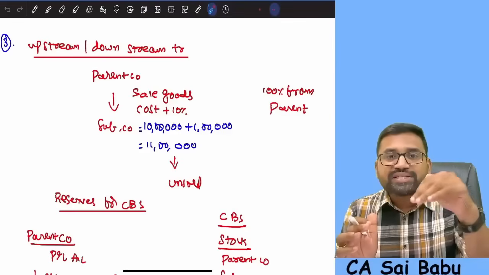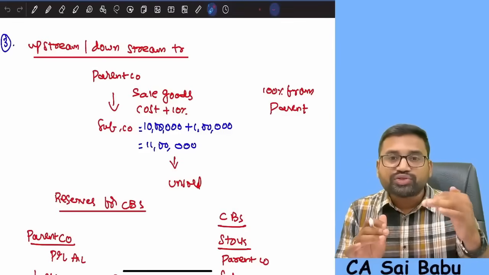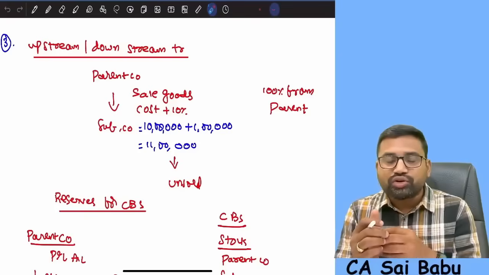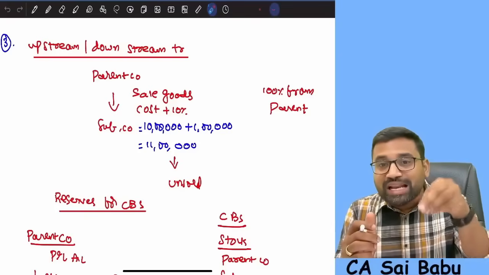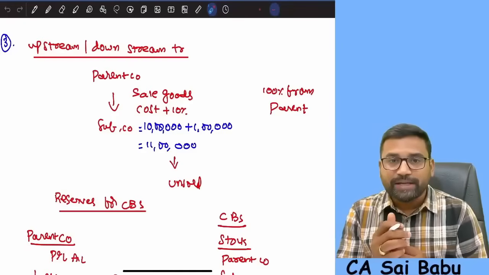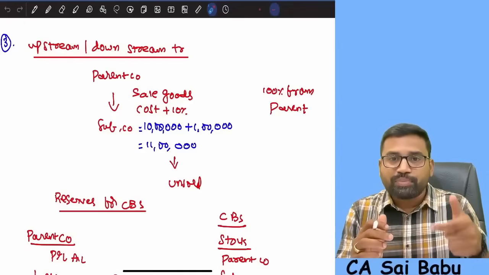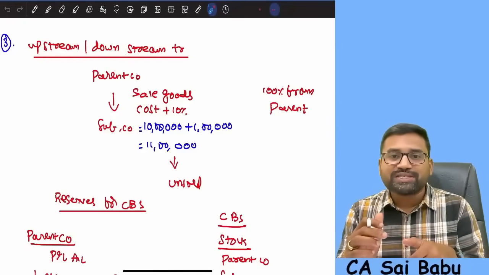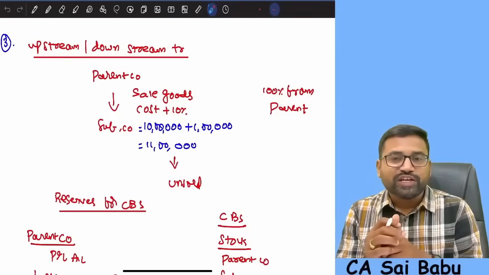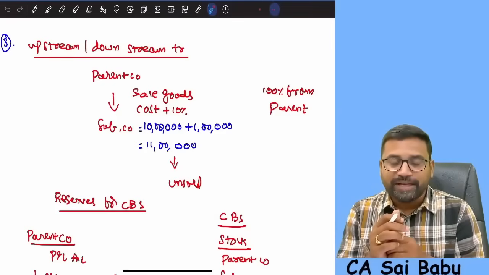Downstream means parent selling goods to subsidiary company. When parent sold goods to subsidiary, out of the goods, whatever the unsold stock is there, in that unsold stock, whatever the unrealized profit is there, at the time of consolidation you eliminate that unrealized profit. So since goods are sold by parent company, 100% unrealized profit is eliminated from the parent company profits. So step number 8, reserves for consolidated balance sheet, unrealized profit you eliminate.